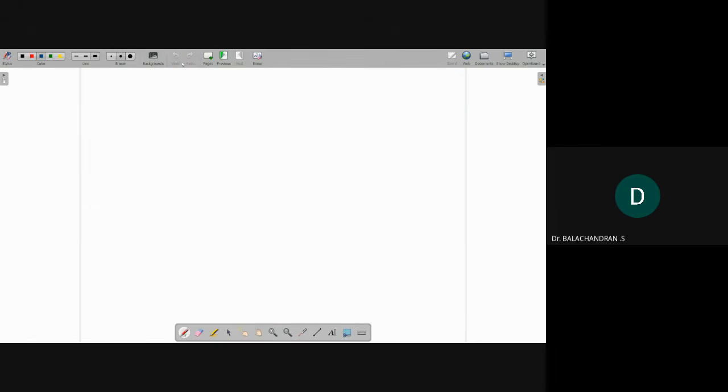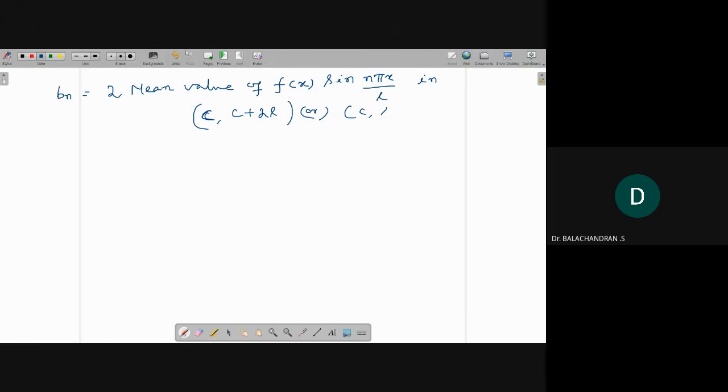Similarly, b n is 2 times the mean value of f of x into sine n pi x by L in the interval c comma c plus 2l, or c comma c plus l.